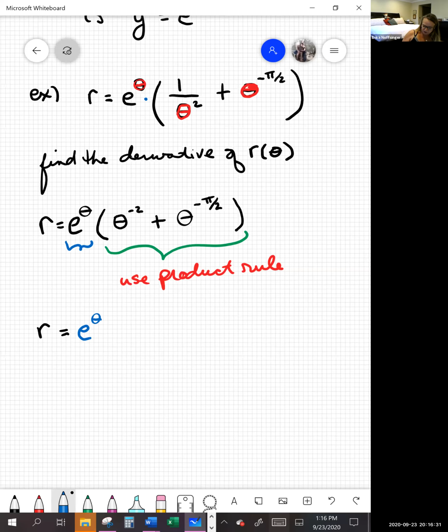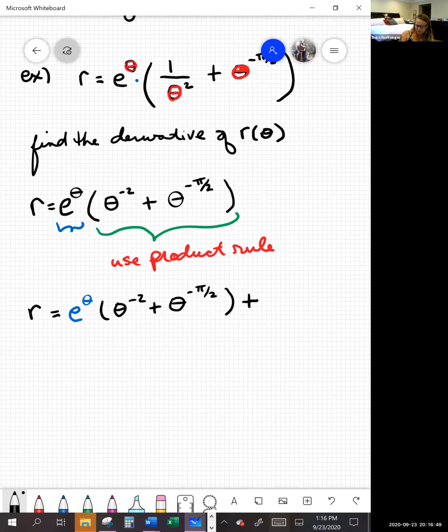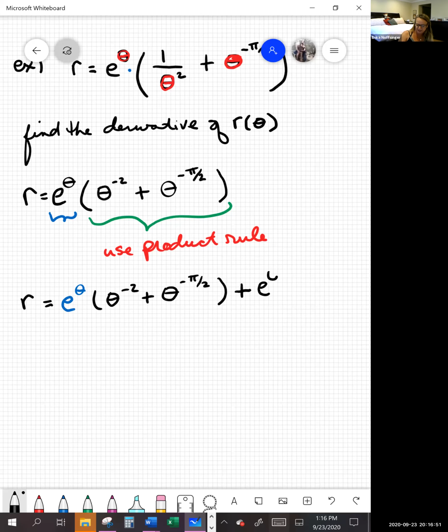And then we multiply by the second function, which is theta to the -2 plus theta to the negative pi halves. And then plus the first function, which is just e to the theta, all times the derivative of the second. So we're just using our general power rule here.